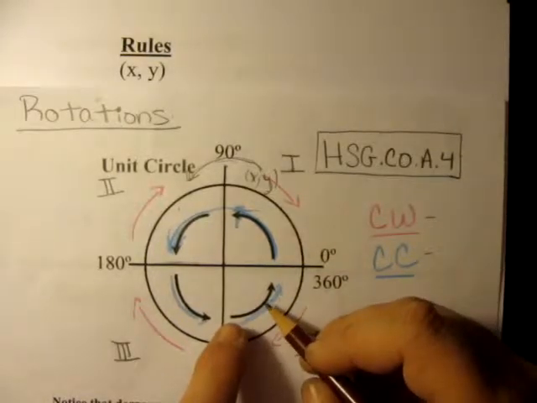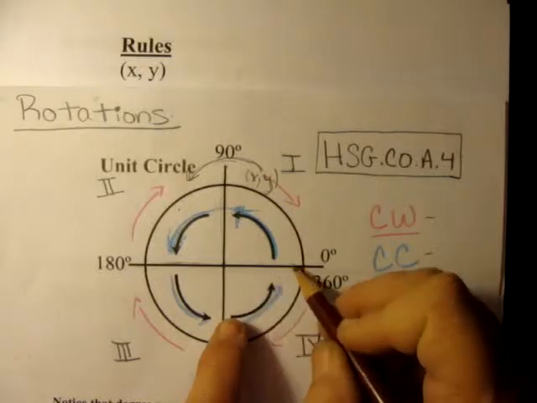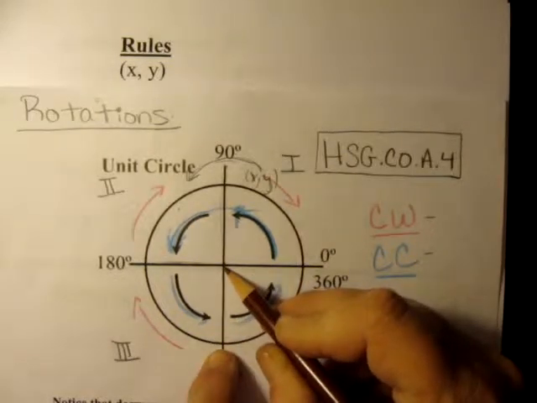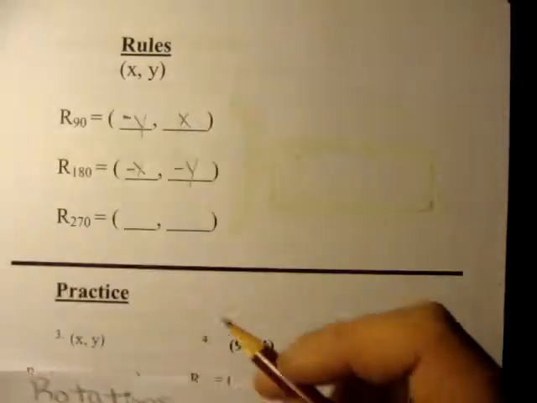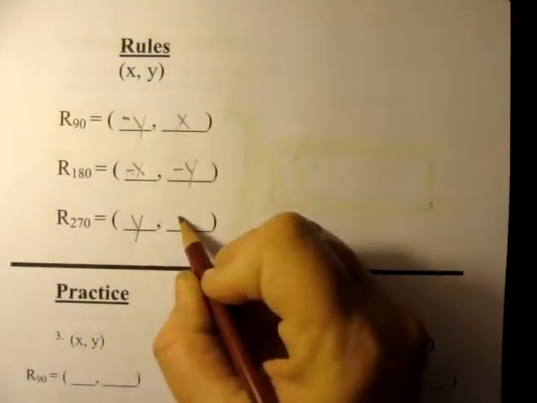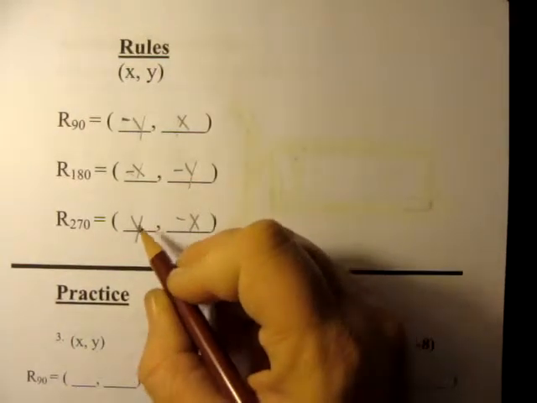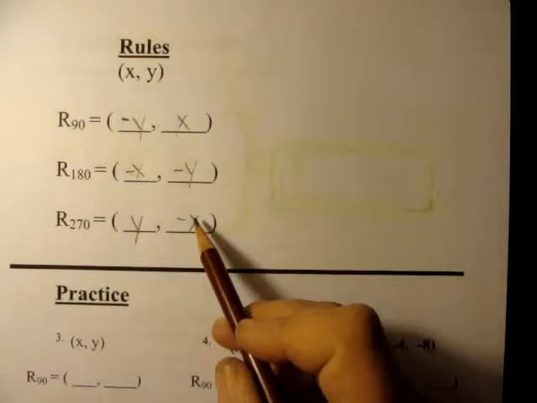And in this quadrant, X would be positive and Y would be negative. But again, they switch places. So we call it the opposite of Y and the opposite of X.